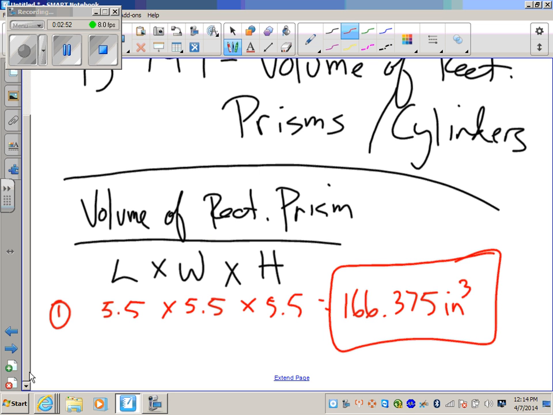A square inch is a square that measures an inch on every side. So a cubic inch is going to be a cube that measures an inch on every side. And these cubes, that you could pick up that are three-dimensional, will tell us how many of those cubic inches we could fit inside of that box, inside of that particular rectangular prism.